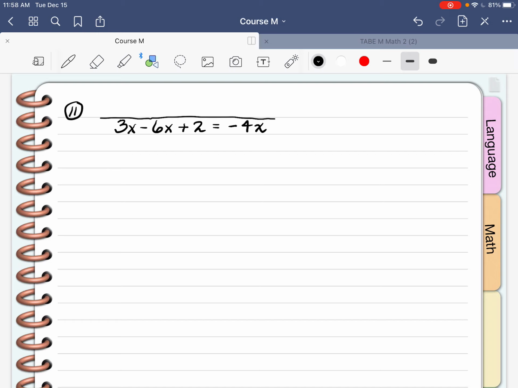You can go ahead and draw your power t, but we can't really make a decision about the variables until we combine these to see what they come out to be. So 3x minus 6x is negative 3x, plus 2, and negative 4x.